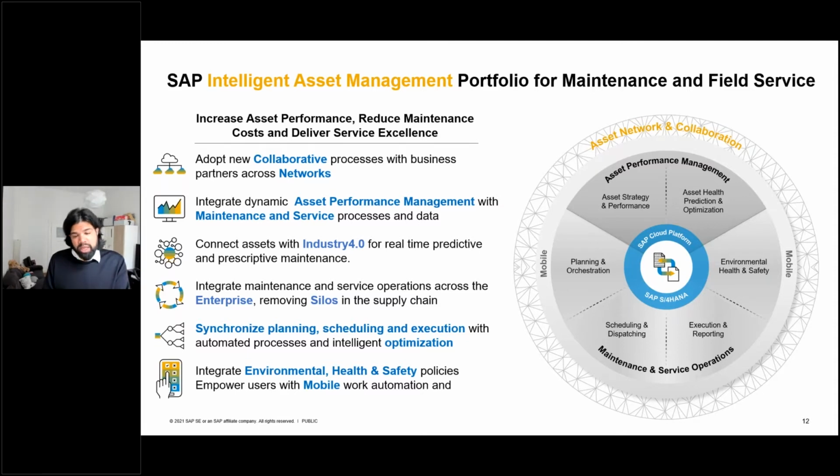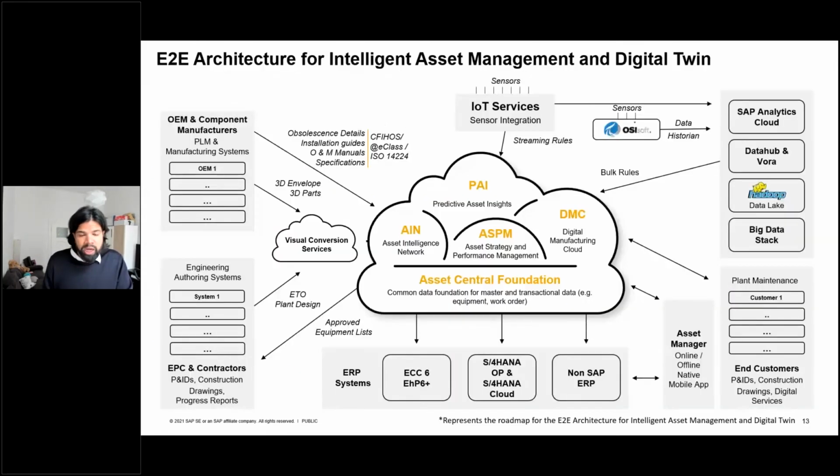At the same time, the whole portfolio is not something you have to consume in one go; it's bite by bite. It's about having the strategy to make sure that you see value in asset management, value for the company to increase equipment effectiveness, to reduce cost, and to proceed forward.